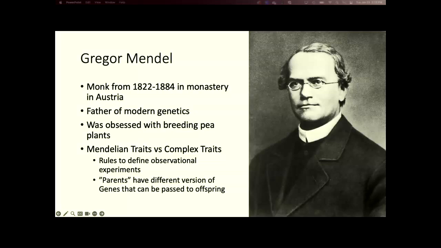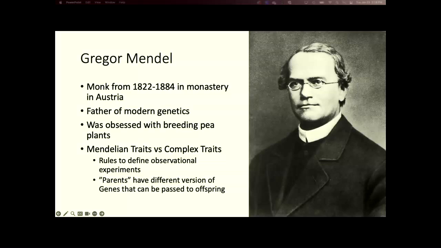Despite being part of the clergy, he really wasn't that interested in his religious pastimes. While studying scripture in his monastery, he became the father of modern genetics, and he was obsessed for decades with breeding pea plants.